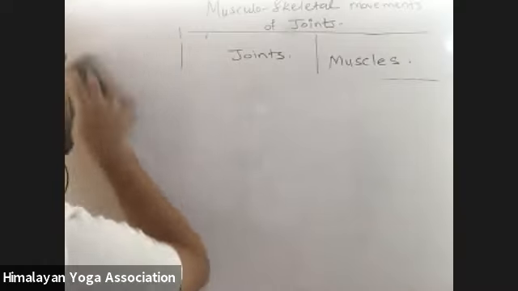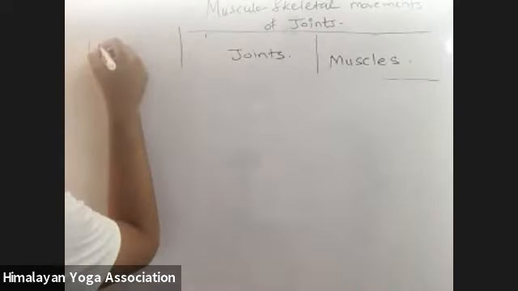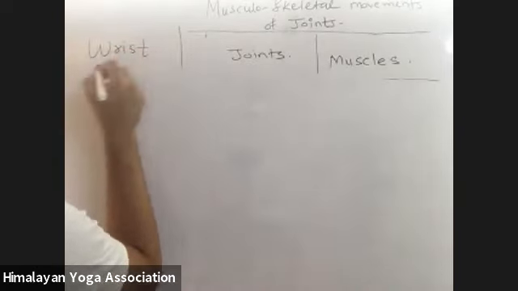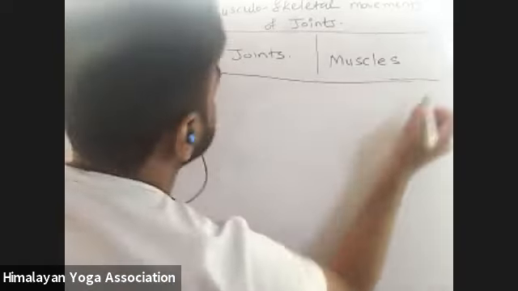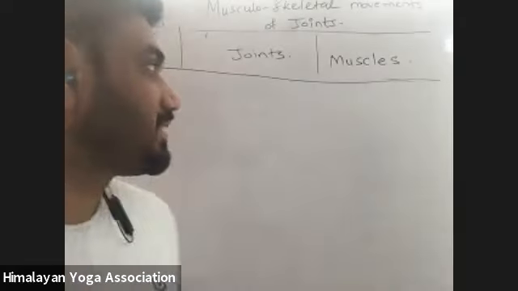Next, in the arm, we have the wrist joint. Now we will see what Neringa was telling us about the wrist joint.